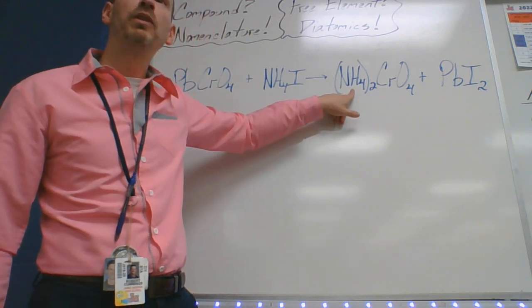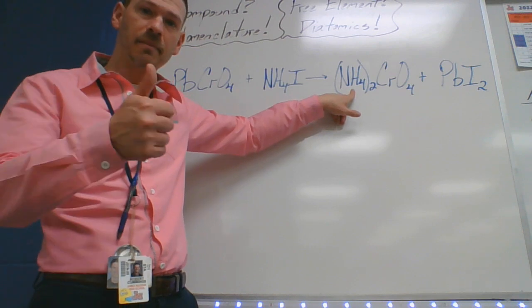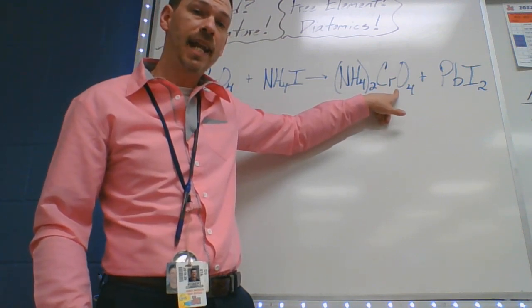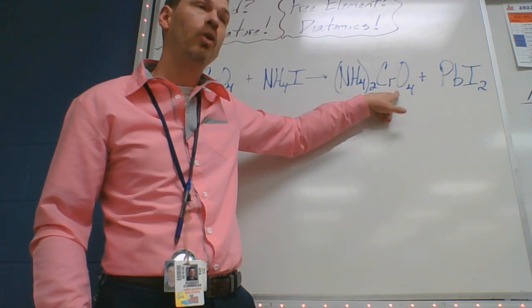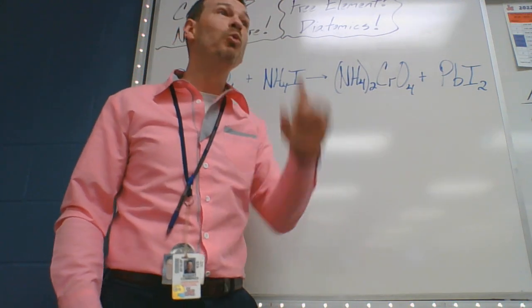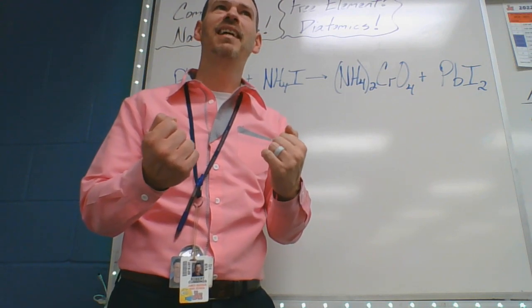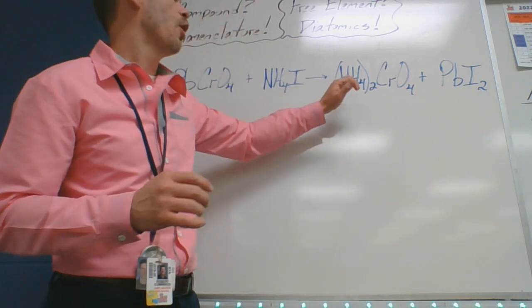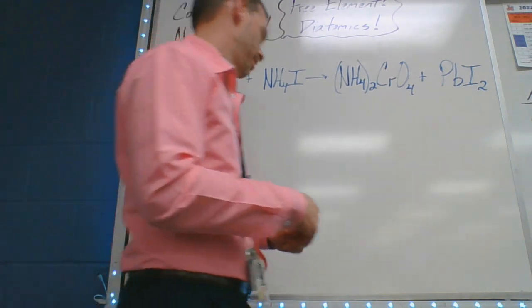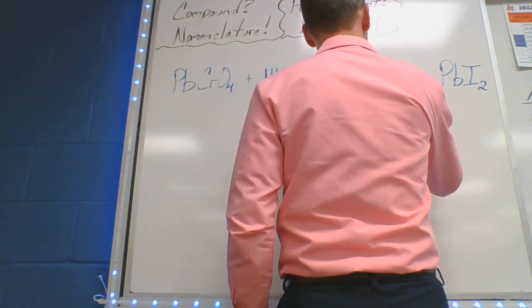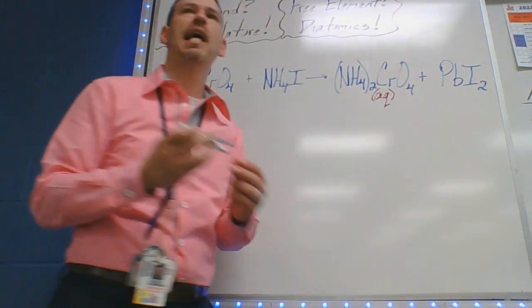Ammonium is in rule number 1, and it says soluble. Chromate is in rule number 5, and it says insoluble. Who's going to win? Rule number 1, because it's bold, right? Big Daddy says that ammonium is always soluble. So what should we label it with? AQ, to show that it will dissolve. Any questions how I came up with that?